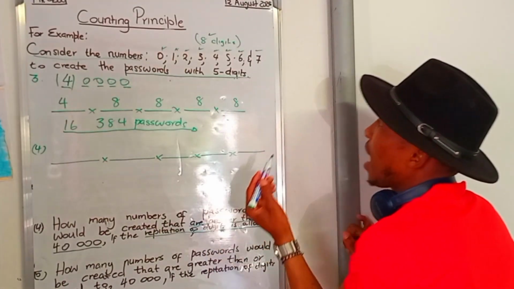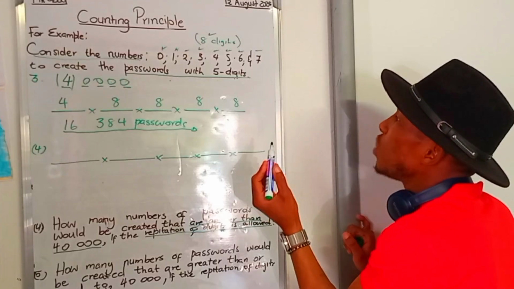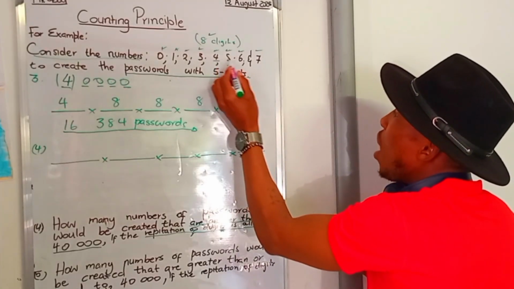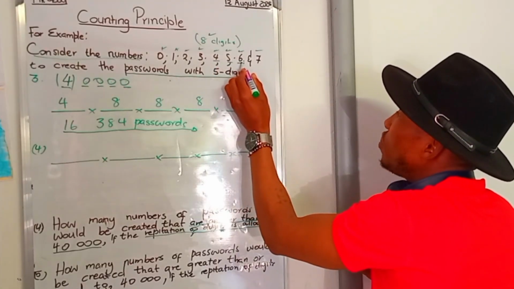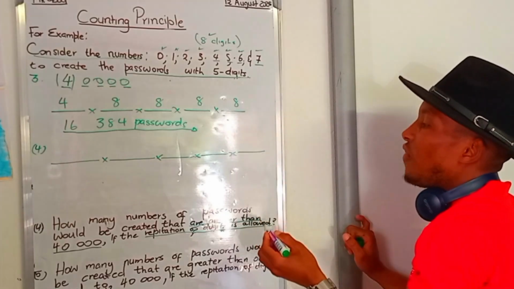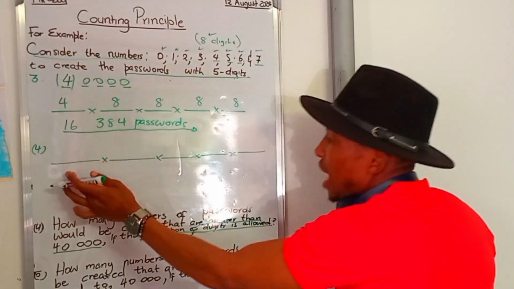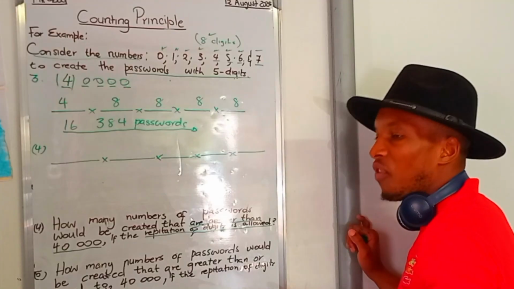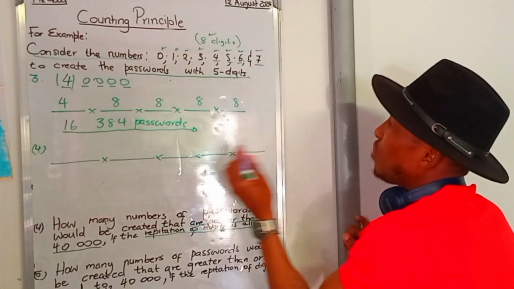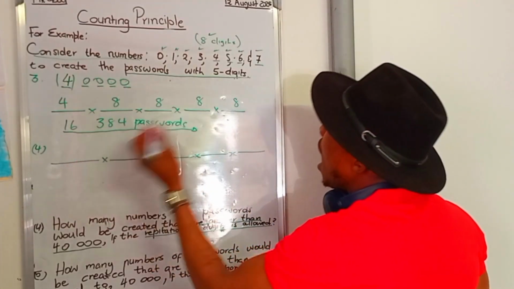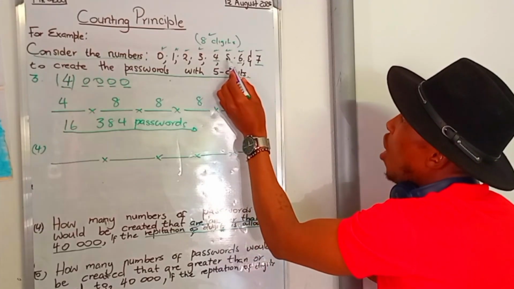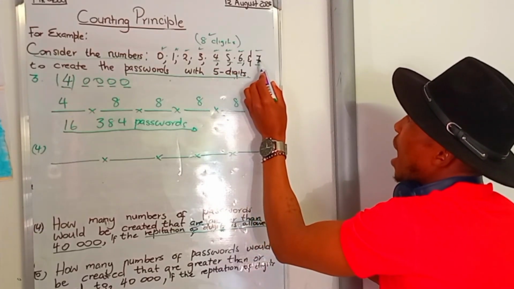Okay, let's go. If it's greater, the code is going to start with 4 and also 5 and also 6 and also 7. It cannot start with 3, 2, 1 or 0 on the first event. That means you're going to choose from 4 digits: 4, 5, 6 and 7.